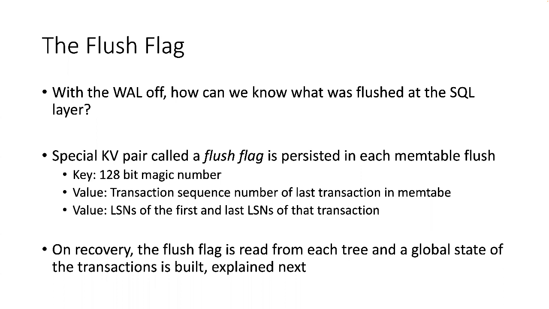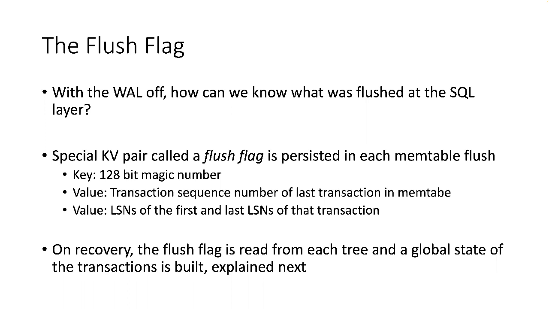The key is just some magic number, 128 bits, and the value contains two things. It contains the sequence number of the last transaction for this memtable and the logical sequence numbers of the first and last transactions. And basically on recovery, we can read this flush flag and see the latest transaction that was persisted and the sequence numbers that belong to that transaction.